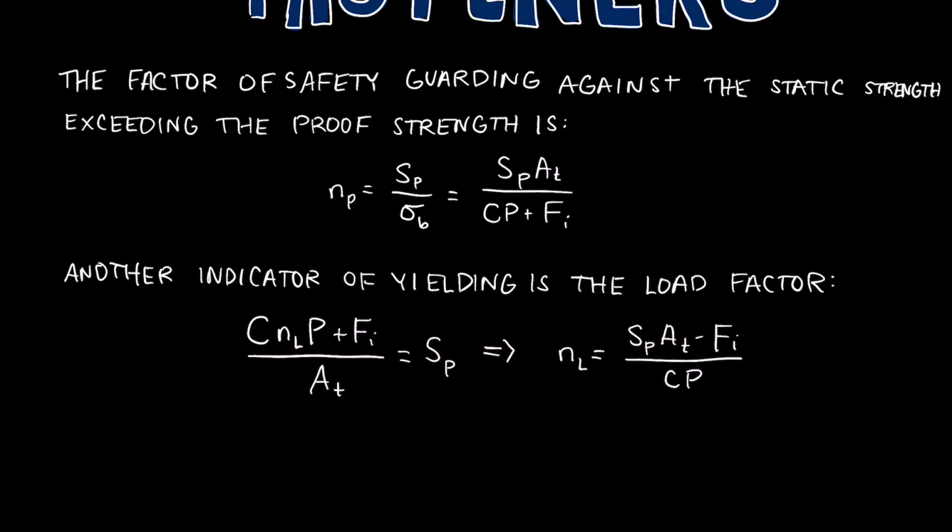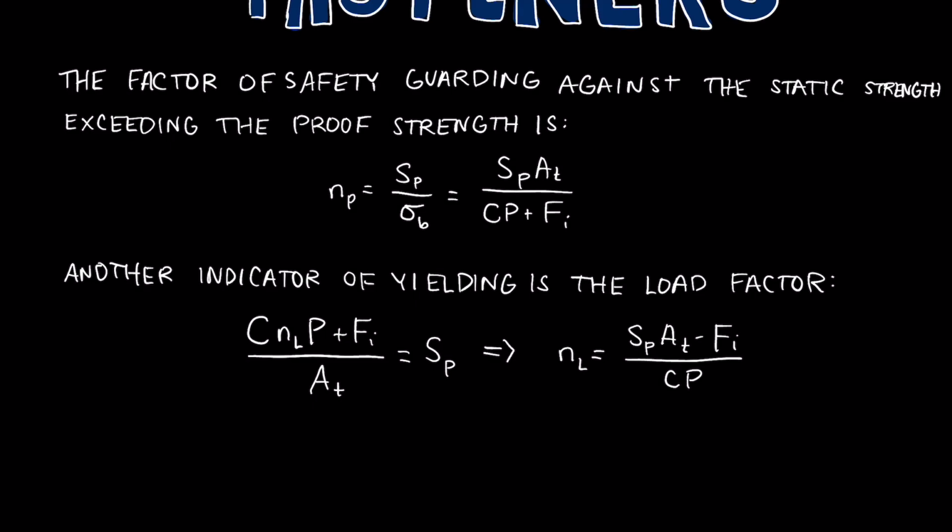Okay, so on the left here, I have written out the equation that we use to solve for the load factor. That equation has the same terms as sigma b, except for now we've applied this load factor to our external load. So essentially what this equation is saying is that if we take the portion of the external load that our bolt absorbs, multiply it by some safety factor so that we're increasing it, and add the preload, and then divide that by our tensile stress area, that will be equal to our proof strength.